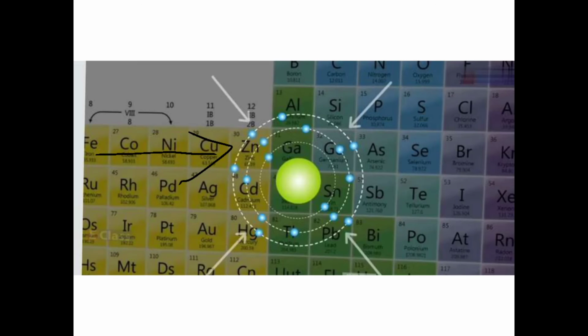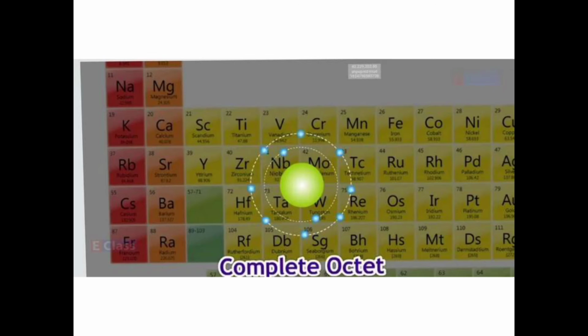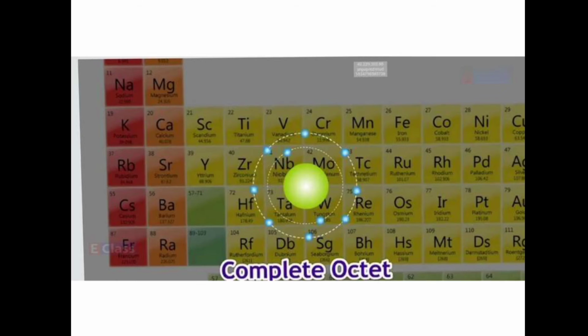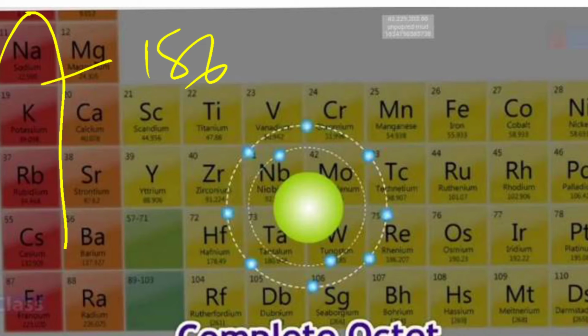Let me show you the periodic table. See, here it is. Can you see? Very first part. So sodium was having 186, potassium was having 231, then rubidium was having 244.